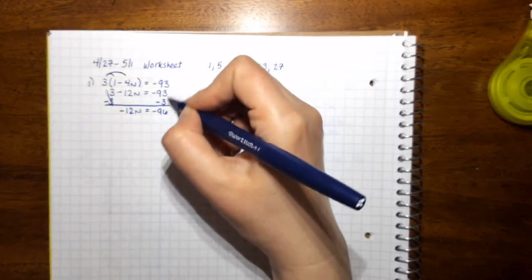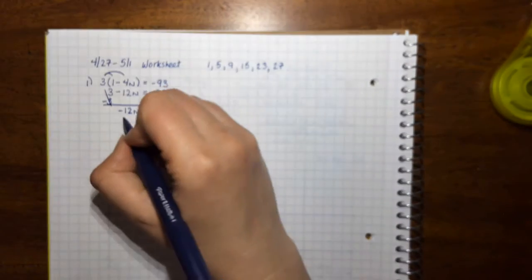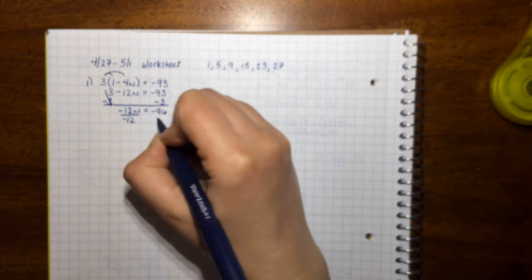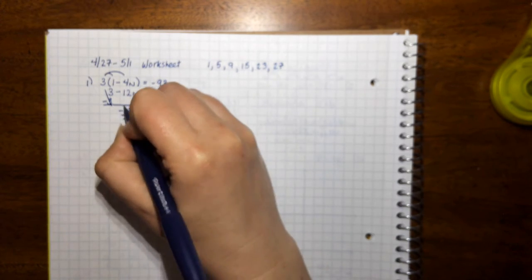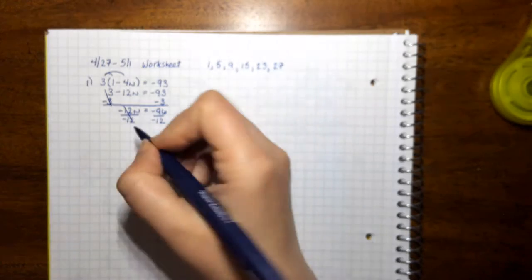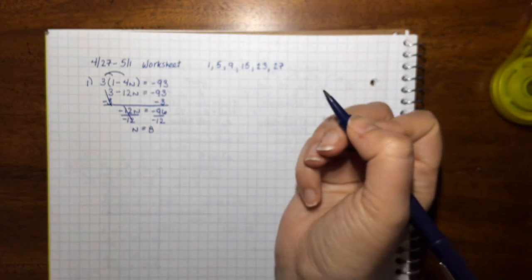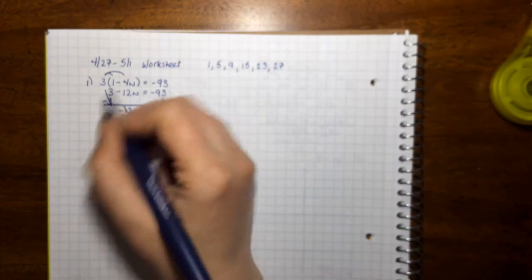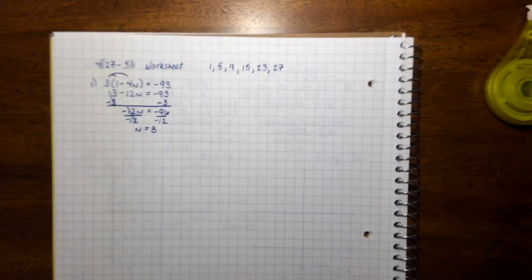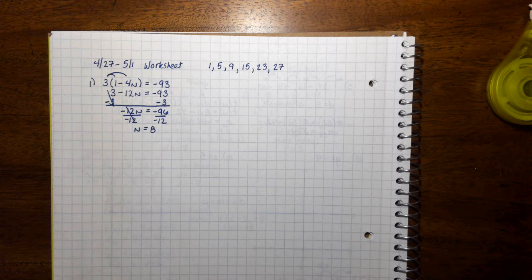And combining that together to make negative 96, and then I'm going to divide by negative 12 on both sides, and I have n equals 8. Okay, so I'm hoping that this will help you guys out, especially when we get to number 15.